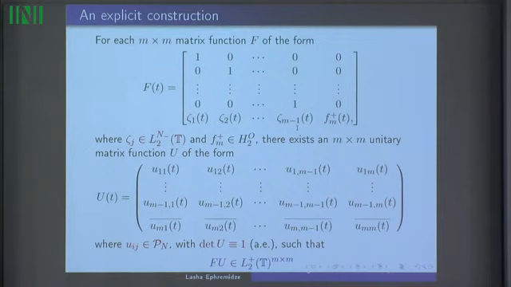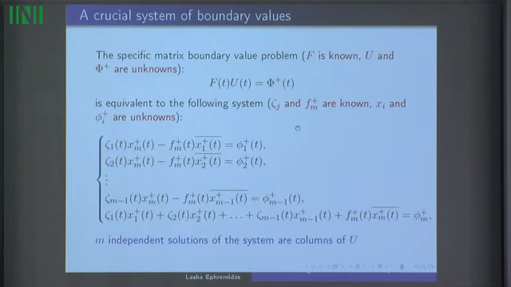But we reduce the problem to a linear problem, and we do this by introducing this system of equations, which is very important, and I will try to rewrite it here.